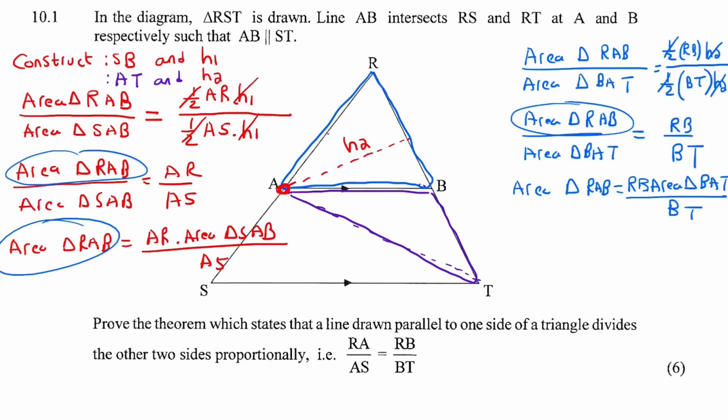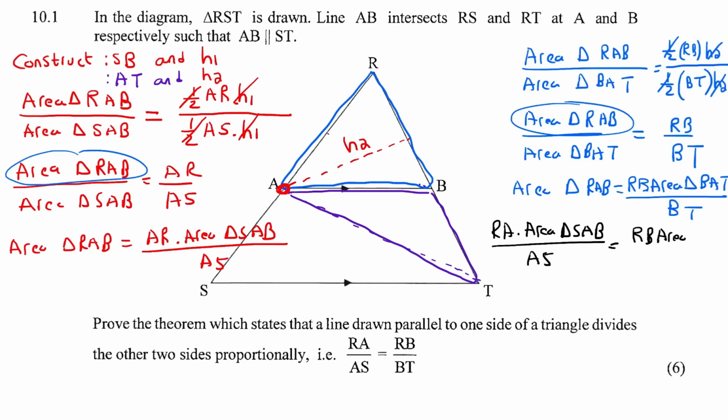Now we've got this and we've got this, so I want us to almost like a simultaneous, I want you to make those two expressions equal. So we can make this equal to that. So we could say AR times the area of triangle SAB over AS, and then we're going to make that equal to RB times area of triangle BAT, all over BT.